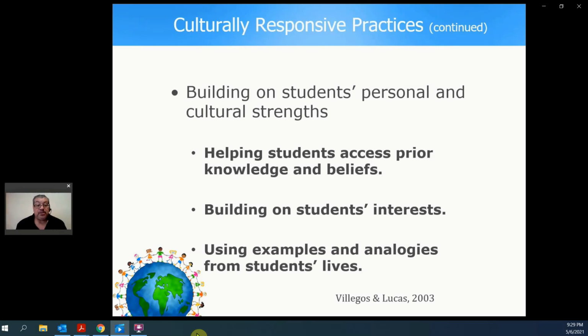Building on students' personal and cultural strengths, helping students access prior knowledge and beliefs. This is huge. Like I said, my students are all bilingual. My students all come from a small farming community, and I am always trying to relate to their interests and use examples from their lives. We talk about comparing and contrasting, buying a truck.